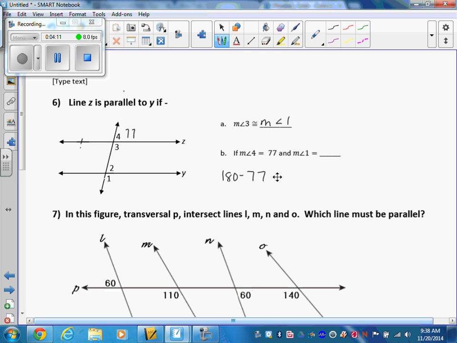So 180 minus 77 is going to be what, 103. So if the measure of angle 1 is 103 degrees, then those two lines are parallel.